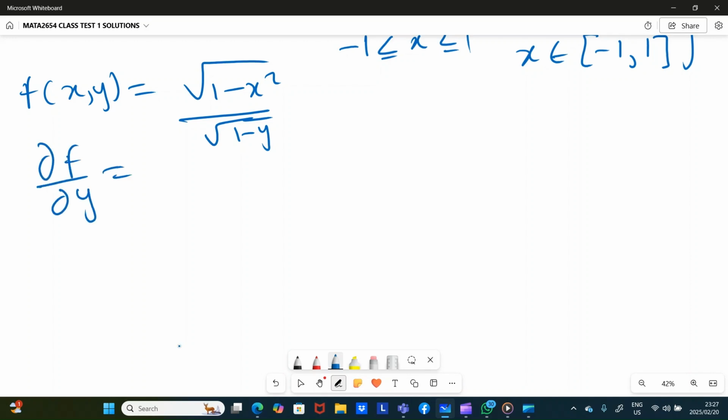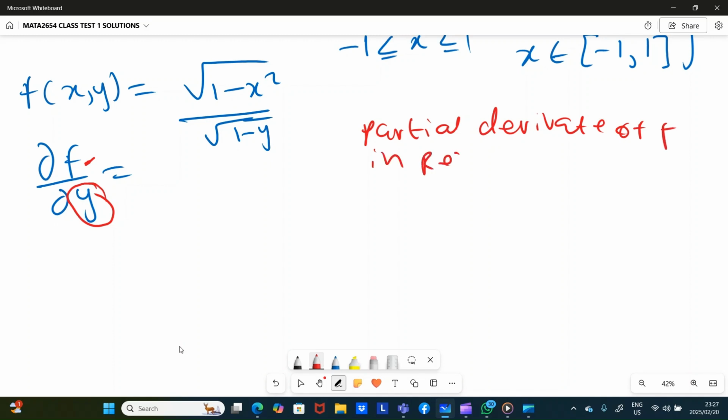So if we are taking the partial derivative with respect to y, this is how you read it: partial derivative of f with respect to y. That means every time we take the partial derivative of f with respect to y, you treat x as a constant.